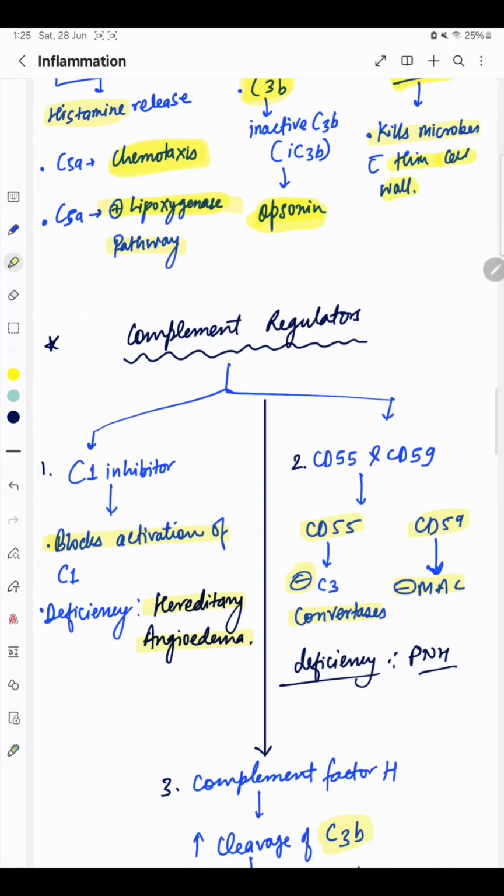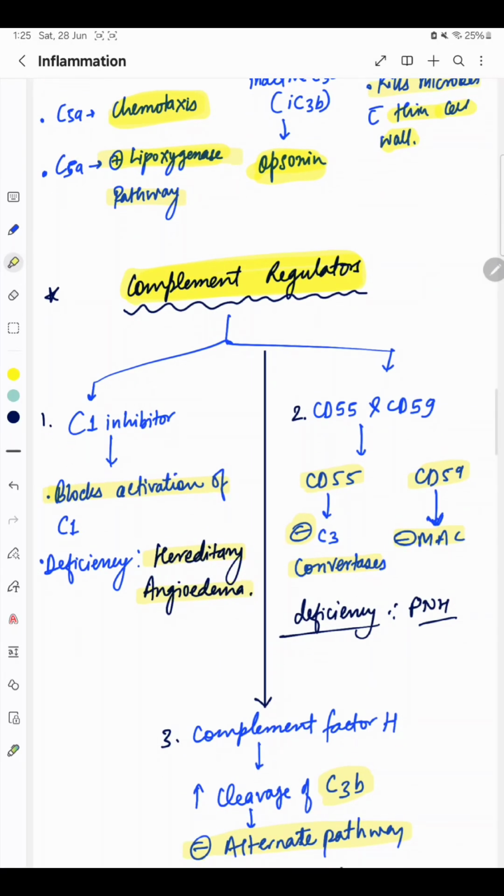Now we will discuss the complement regulators. If complement goes unchecked, it can damage the host cell also. So there are certain complement regulators. First is C1 inhibitor. It blocks the activation of C1. Deficiency of this inhibitor will result in hereditary angioedema.